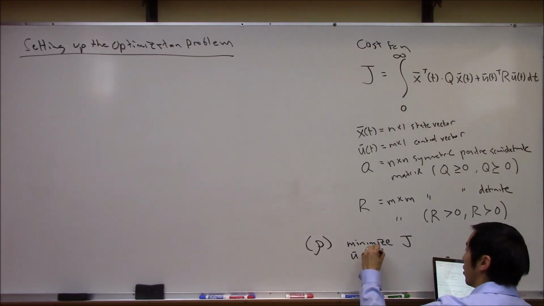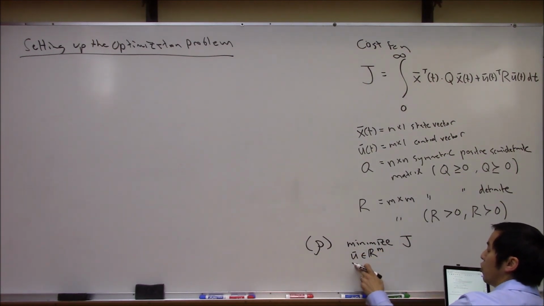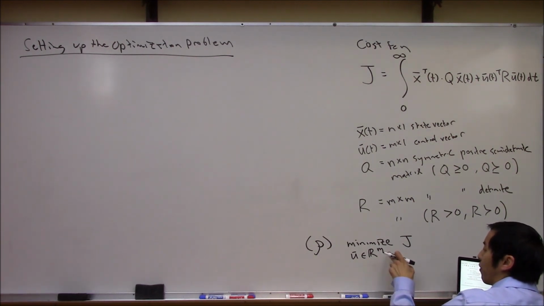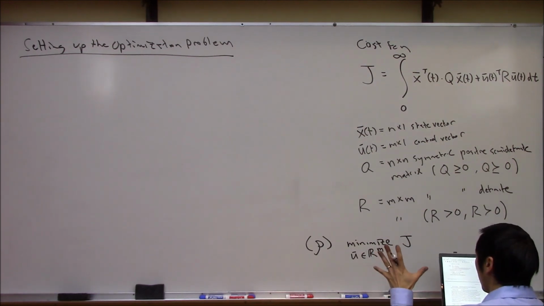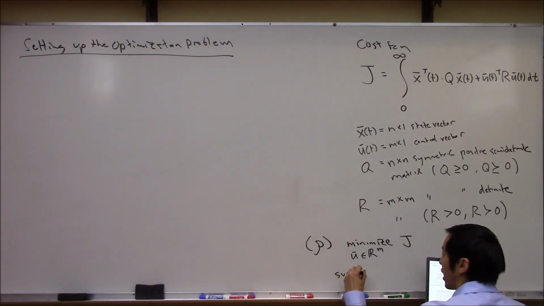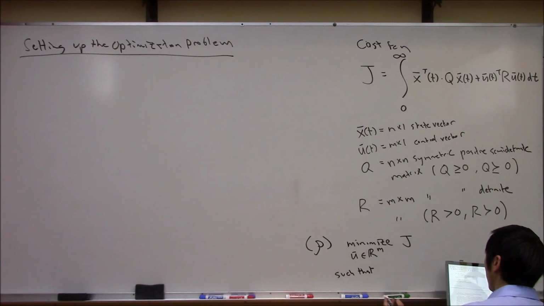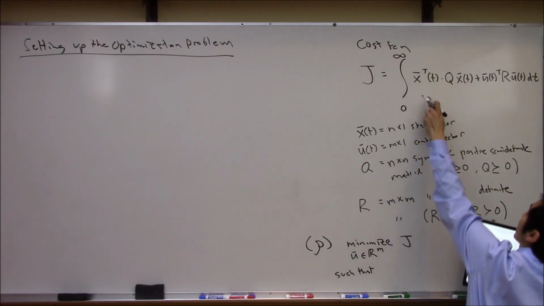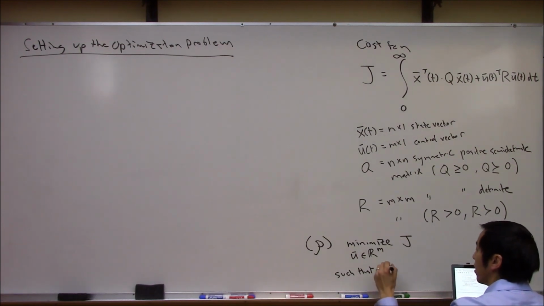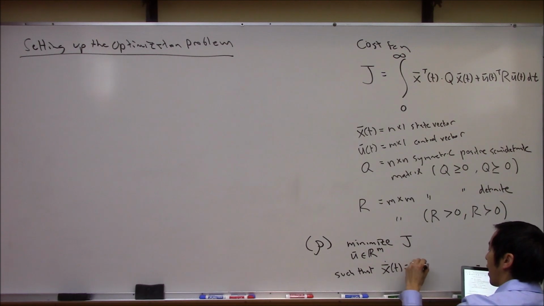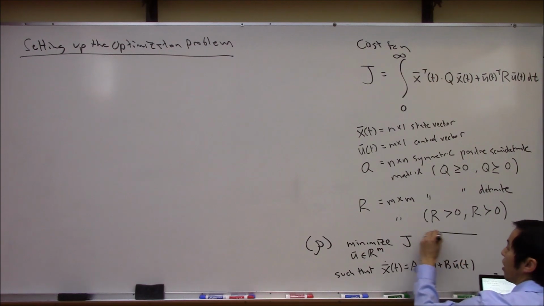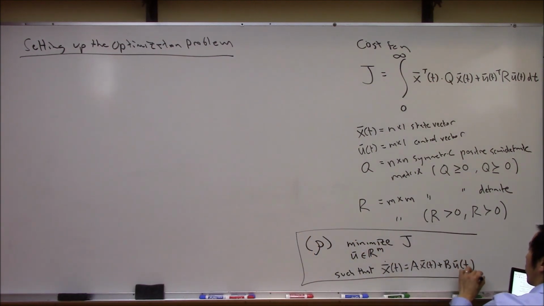There are m controls, so u is a real-valued m-vector. But this is not unconstrained. There's a single constraint we want to consider: x and u are not free to be anything you want. It's x dot equals Ax plus Bu. So here is the optimization problem that I would like to solve.